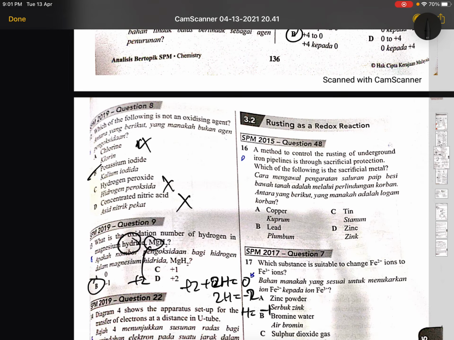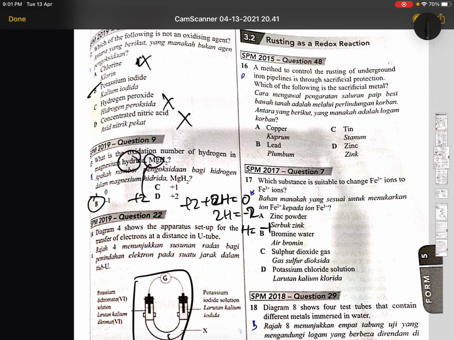A method to control the rusting of underground iron pipelines is through sacrificial protection. Which of the following is the sacrificial metal? When you want to use sacrificial protection, the outer metal must be more reactive than the inner metal. The inner metal here is iron, so the sacrificial metal has to be more reactive than iron.